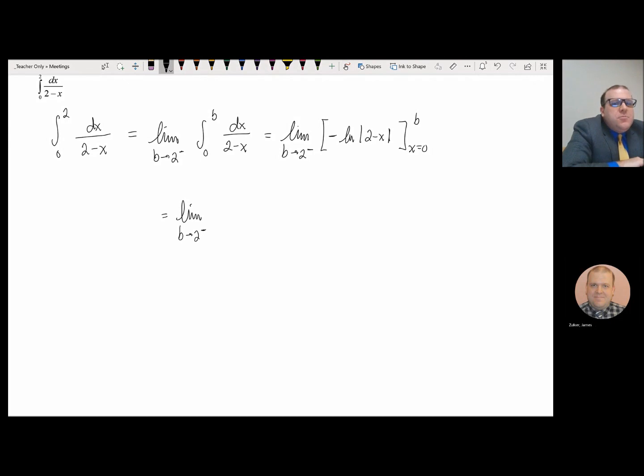That negative allows me to just flip the order. So instead of doing at B minus at 0, I'm just going to do at 0 minus at B, just because I don't like writing a negative first.